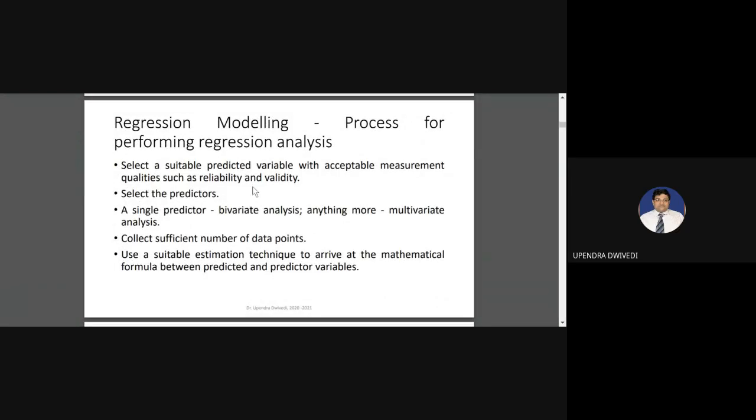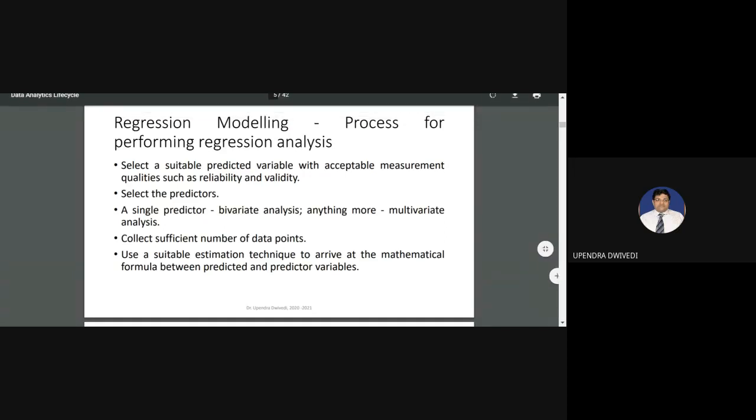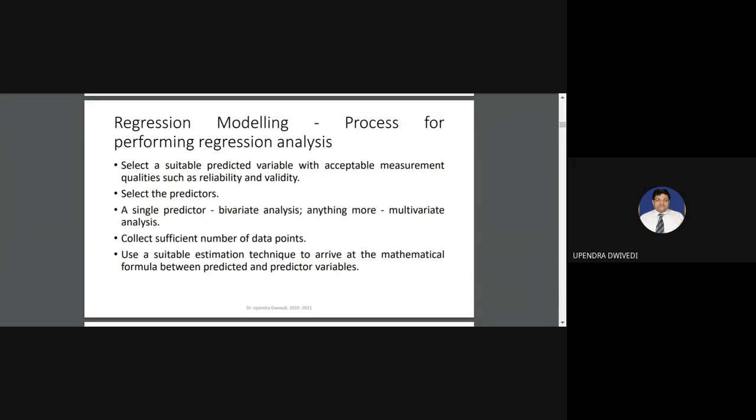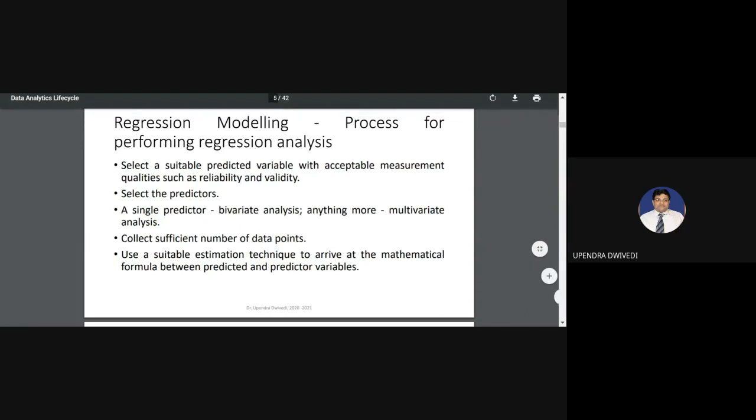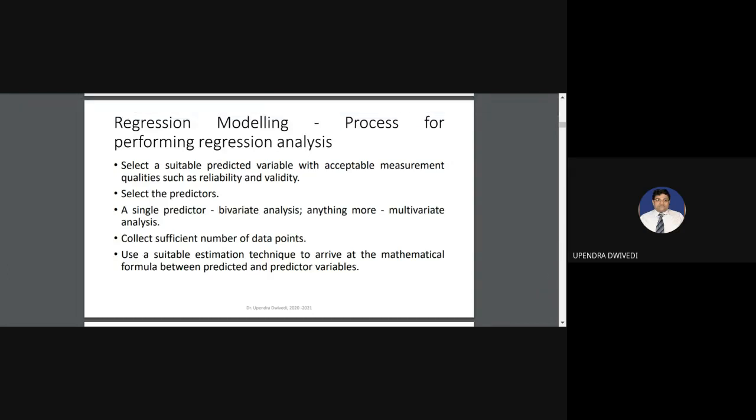Then we discussed that for selecting suitable predictor variables, acceptable measurement quantities are required for performing regression analysis. When we have a single predictor, for example if you are designing a pocket expense predictor, it depends only on the pocket money you receive from your parents.